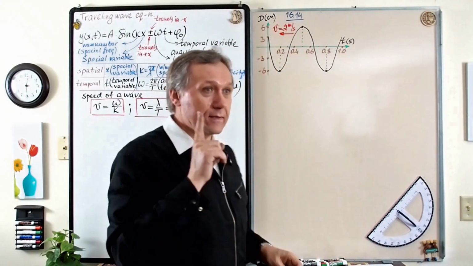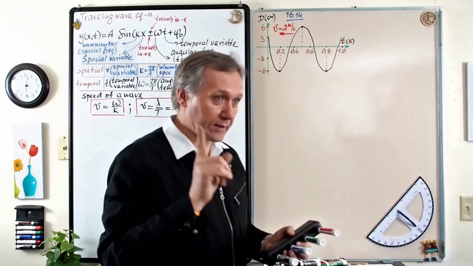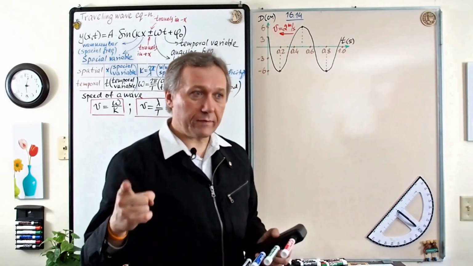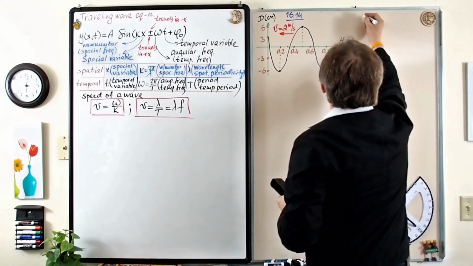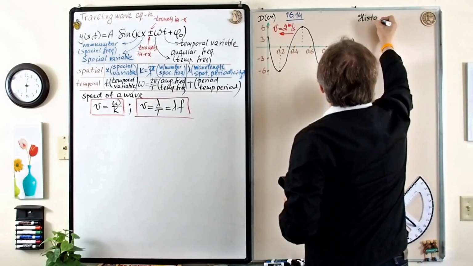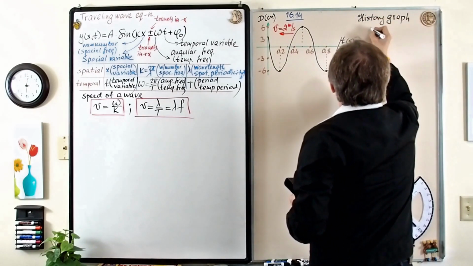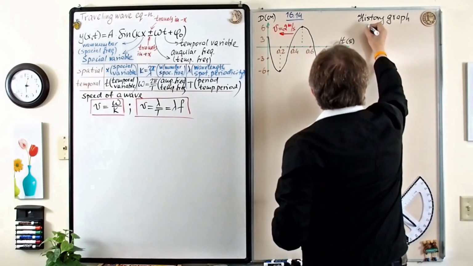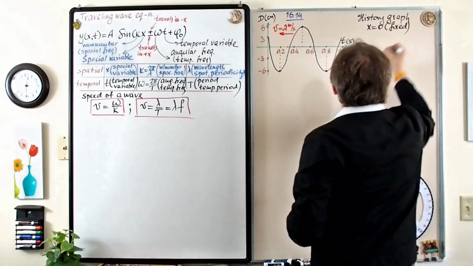So this is the history graph. When x is fixed and you observe what happens with the wave, that type of graph is called the history graph. So let me write this down. So x is fixed. Let me write x equals 0, and I will emphasize it's fixed.